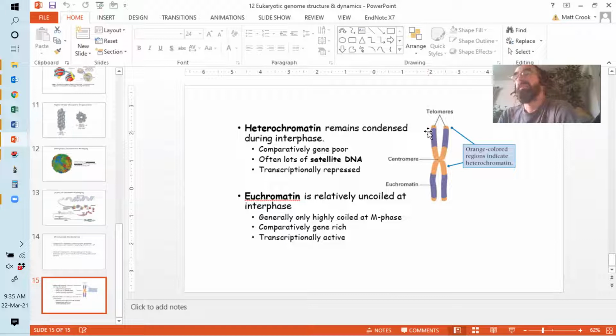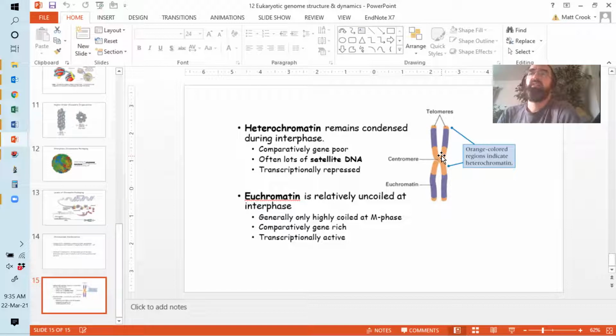Telomeres are heterochromatin, which kind of makes sense because really their purpose is as buffers during DNA replication. Not really entirely sure why the area around the centromere is heterochromatin too, to be honest.